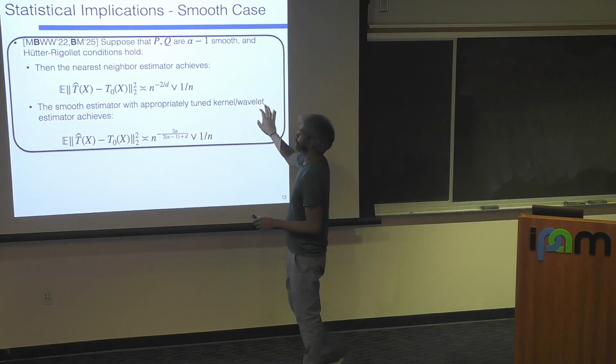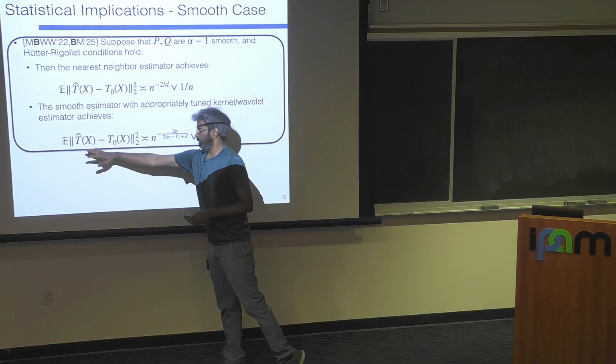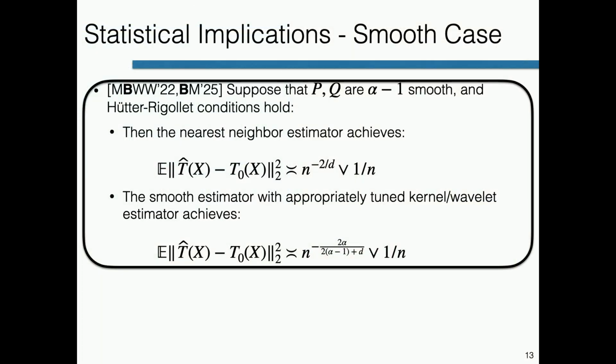In that case, what we're saying is that, as a consequence of the stability bound, it will be the case that these plug-in estimators, which are very natural, also attain minimax optimal rates. I'll tell you a little bit about how we prove these things, but a consequence of the stability bound is that if you're estimating a smooth transport map, the plug-in estimators that I described, the nearest neighbor estimators and these smooth estimators, are in fact minimax optimal.